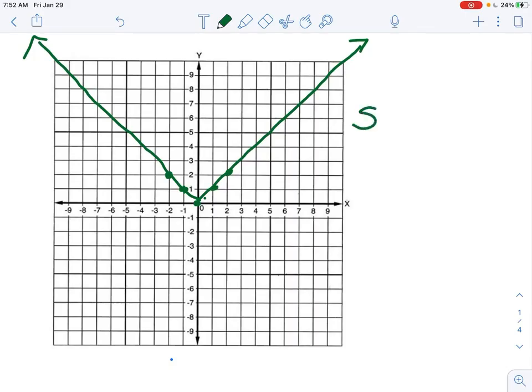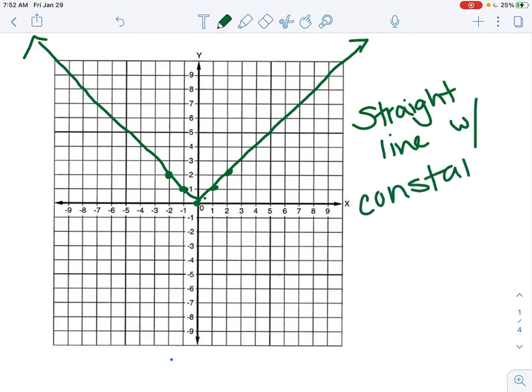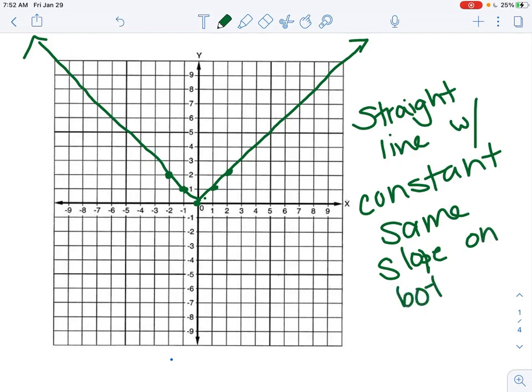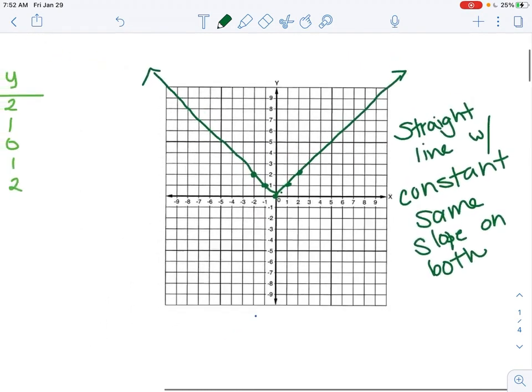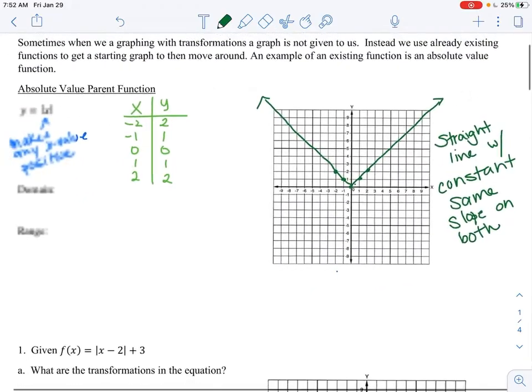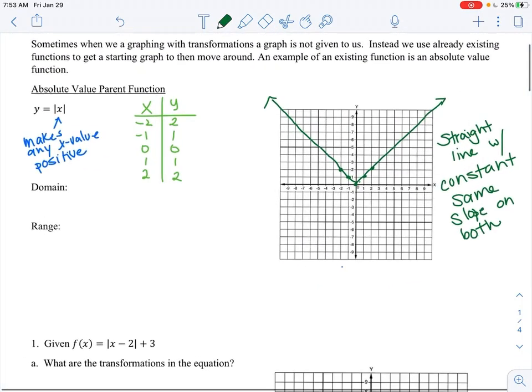It's a straight line with constant slope, the same slope on both sides. What's really cool about the absolute value function is that it mirrors itself. So if I give you one side of the graph and one point of the other, you can finish the graph. It's kind of cool.